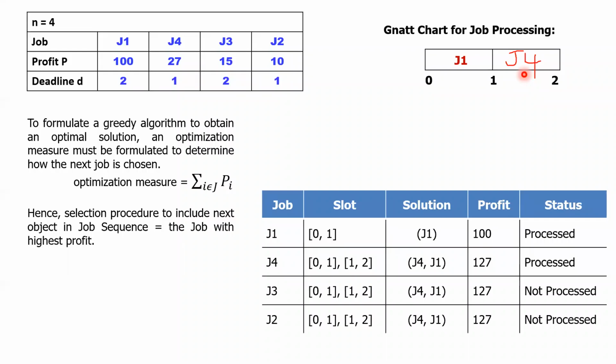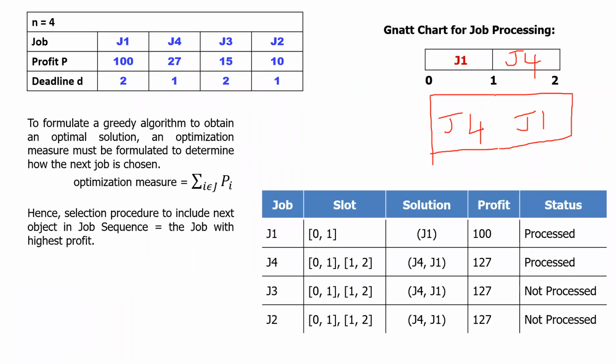If a solution is to be feasible, then I'll have to satisfy all the constraints. So what I'm going to do is reorder. I'm going to put J4 here and I'm going to put J1 here. This will be the order of scheduling.